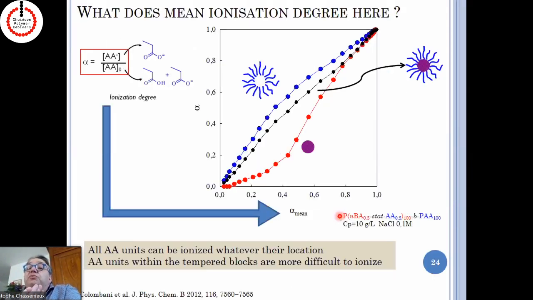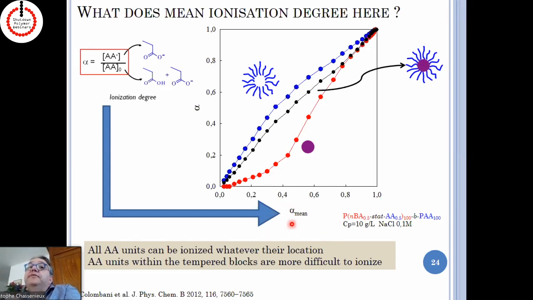Here, there is something which is very important. When I say ionization degree, what is this ionization degree? Because I have acrylic acid inside the hydrophobic block, and I have acrylic acid inside the hydrophilic block. So when I talk about ionization degree, it's an average ionization degree.